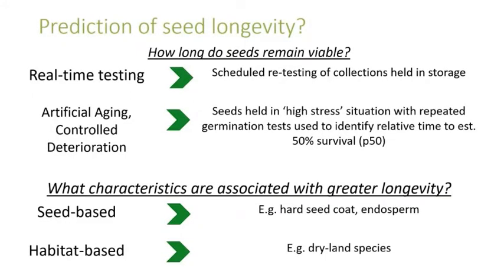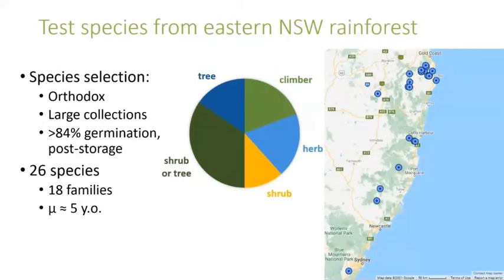So the last three approaches are concerned with prediction of longevity, and the last two approaches are particularly useful because they are really rapid assessments which can be determined perhaps just by looking at the seed or by completing a very simple assay.